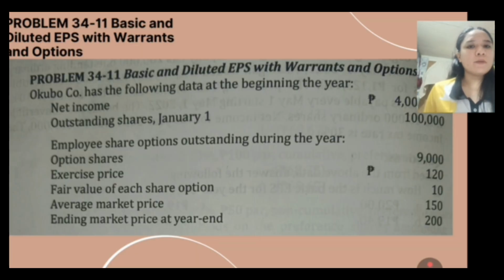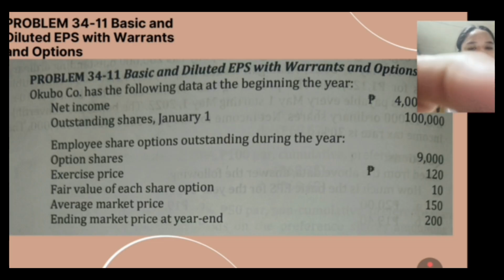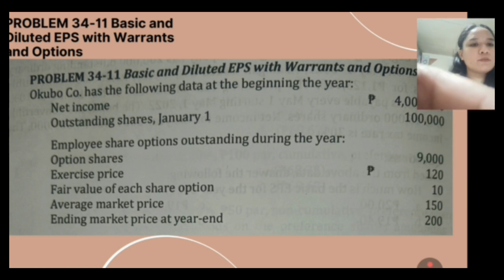We have here a sample problem of the basic and diluted earnings per share with warrants and options. Okoboco has the following data at the beginning of the year. The net income is 4 million.